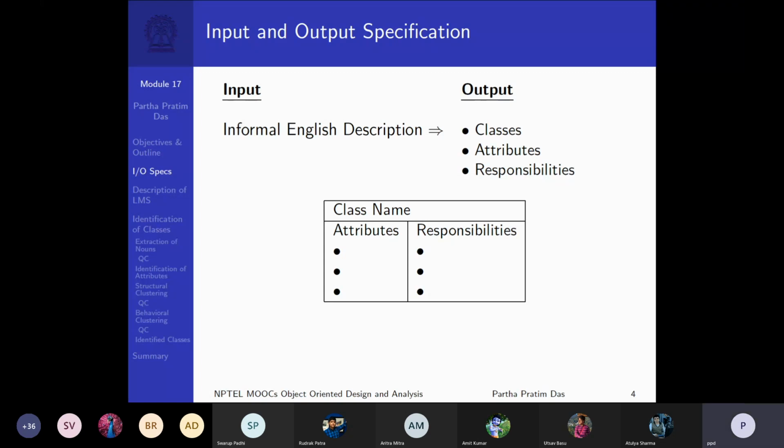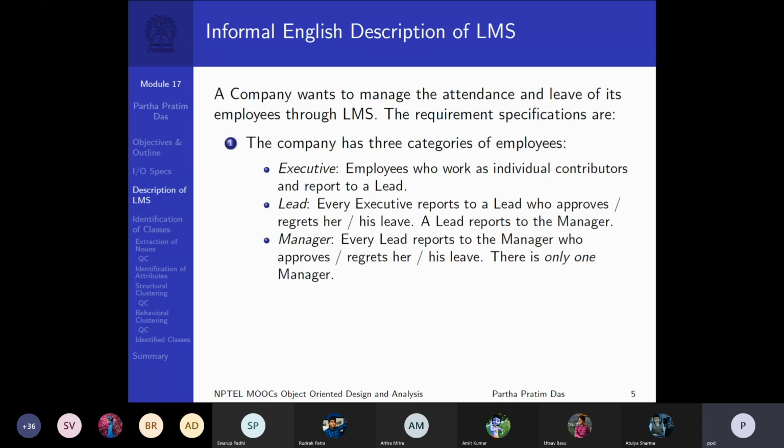So this is the transformation that I want. From this English description, I want to go to a specific output, which is concrete in our terms: classes or concepts, the attributes they can have, and the responsibilities that each class will carry out.